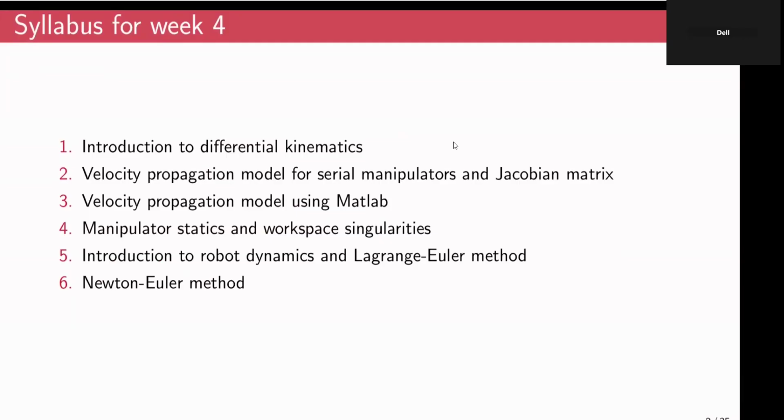And at the tail end of the week 4 content, we have seen how to derive the dynamic model of robotic manipulators, or equations of motion, using the Lagrange-Euler method. We have also seen how to derive the same using the Newton-Euler method.